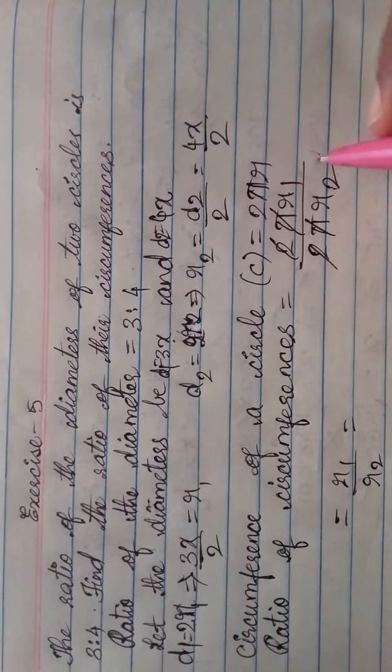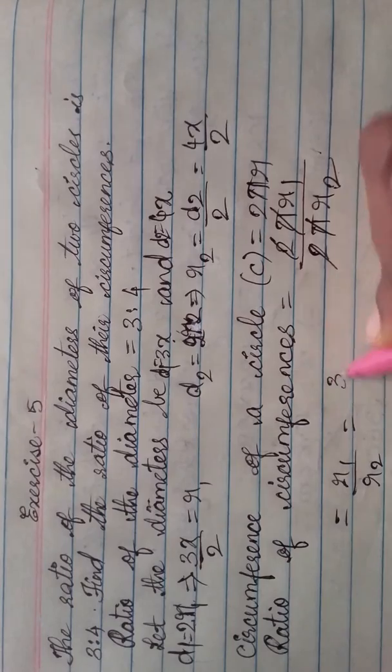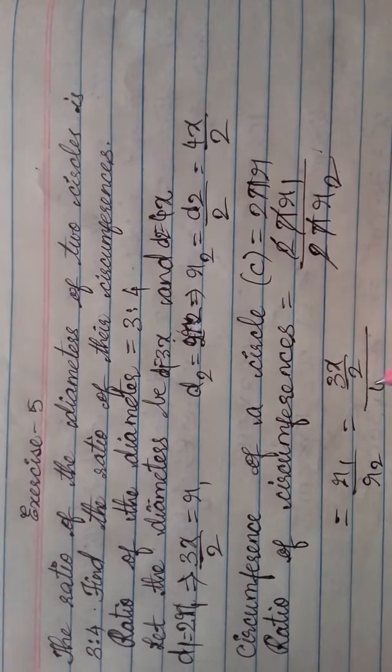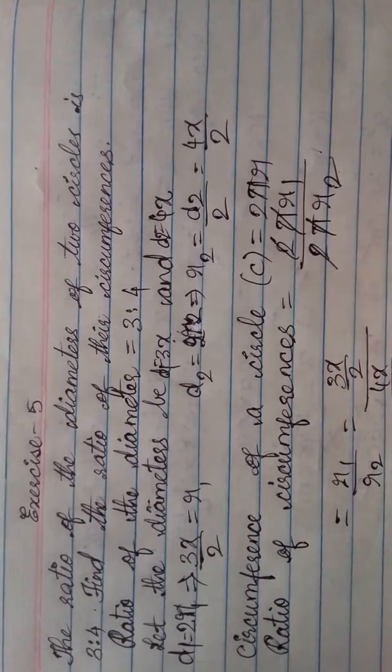So this is nothing but 3x by 2 whole divided by 4x by 2. So 2 and 2 get cancelled. You are left with 3 by 4. 3 by 4, this is nothing but 3 is to 4. Now remaining problems you work out, children.